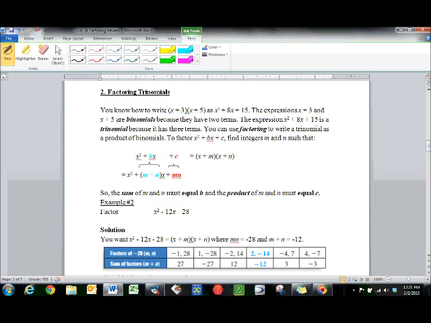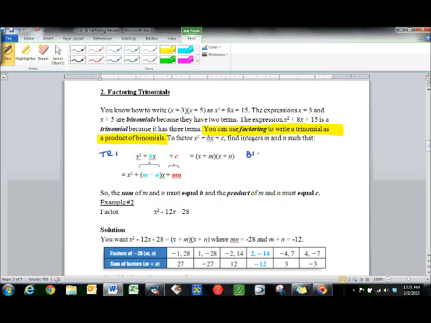Now, you can read through the beginning paragraph and see that when we do this, we're basically going from a trinomial to start and finishing with two binomials in the factoring process.